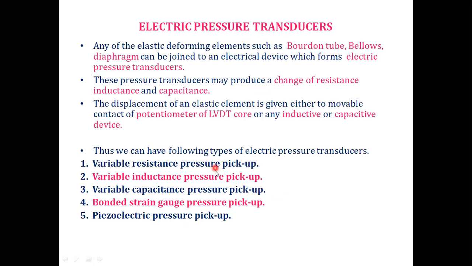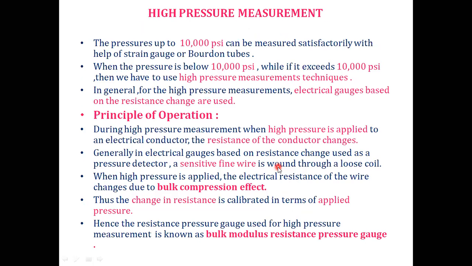Next, electric pressure transducer. In that, resistive type resistance pressure pickup, that is resistance pressure transducer, we have seen bulk high pressure measurement using resistance type. This is the bulk modulus resistance pressure gauge.